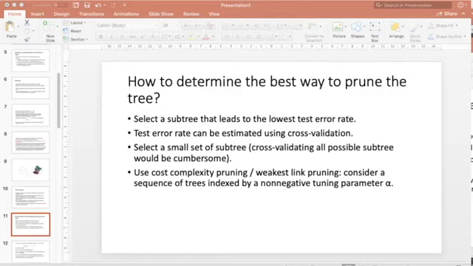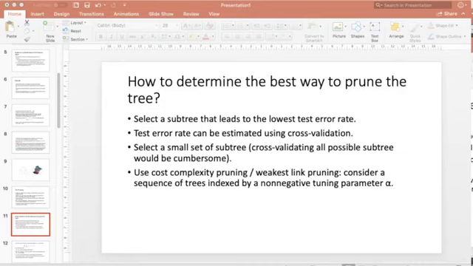So the question is, how do we determine the best way to prune the tree? Where to prune the tree and how much do we want to prune? Intuitively, our goal is to select a subtree that leads to the lowest test error rate. Let's say we have a subtree here. We can estimate the test error using cross-validation or the validation set approach.